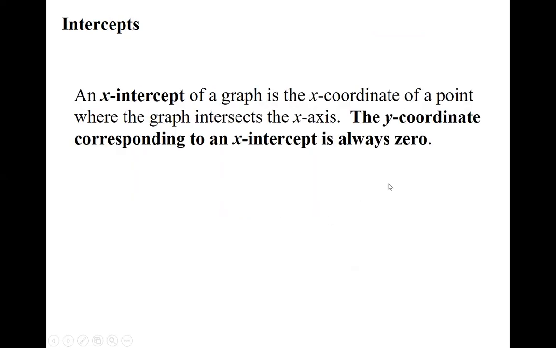But some things that won't change no matter what type of view you have of a graph are the intercepts of a graph. So now we're back to talking about stuff that applies to everybody, not just people with graphing calculators. And again, you don't need one for this course.